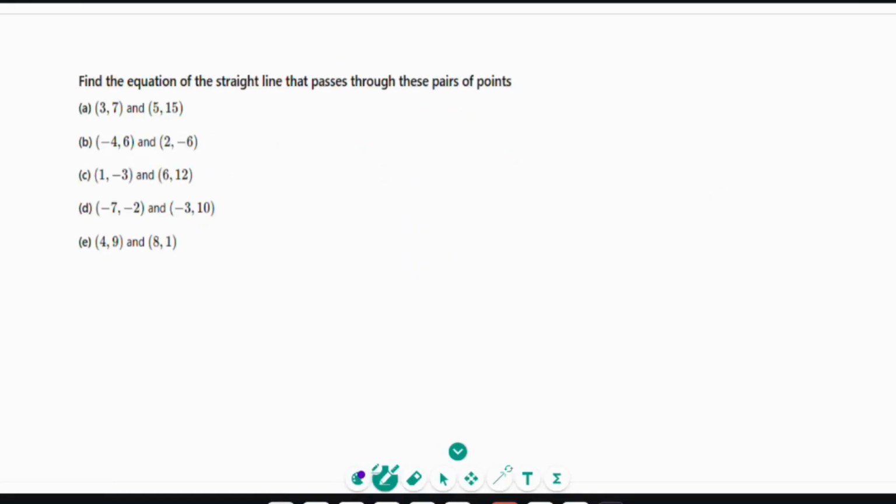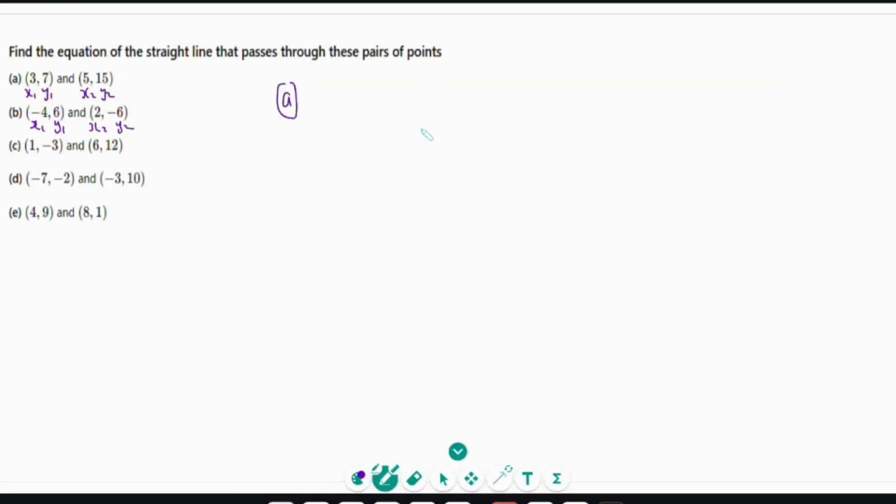Okay, have a go at these questions, put me on pause and unpause when you are finished. Okay, for this first one we need to find our gradient first.